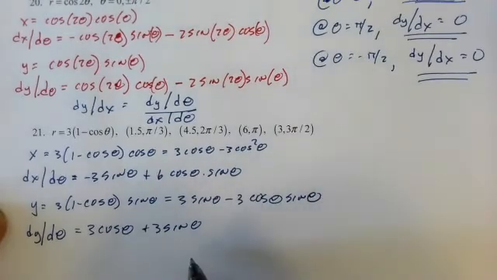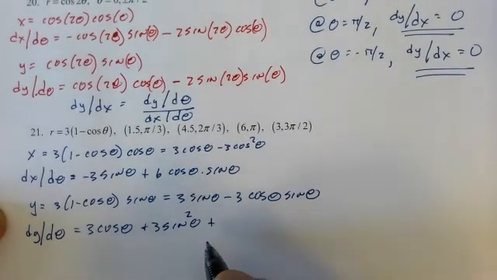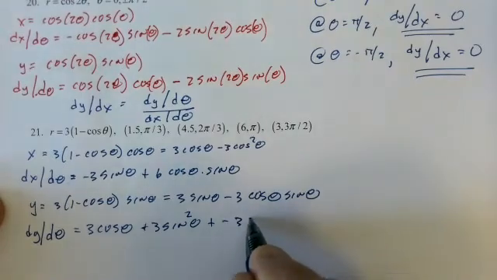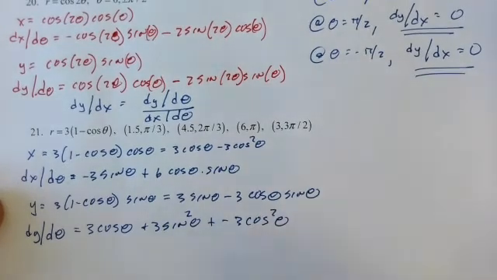Sorry about that. Plus 3 sine squared theta minus 3 cosine squared theta. Let me see if I can track that down. Derivative of cosine is negative sine, so that gives me positive 3 sine squared. Derivative of sine is cosine, gives me negative 3. Yeah, okay, got it.